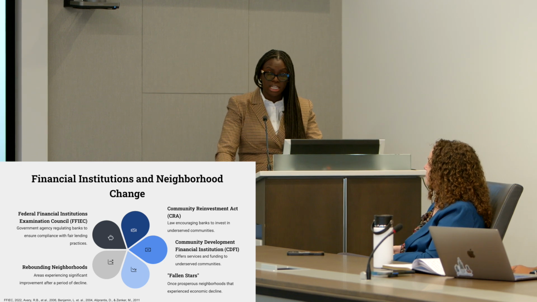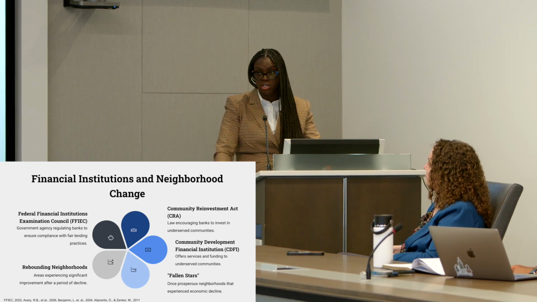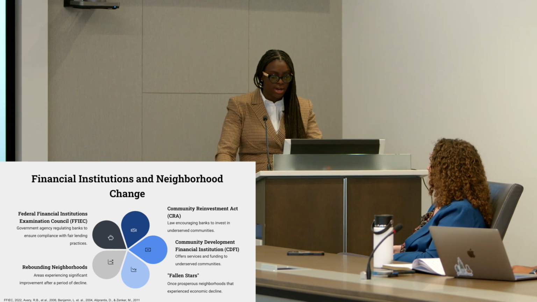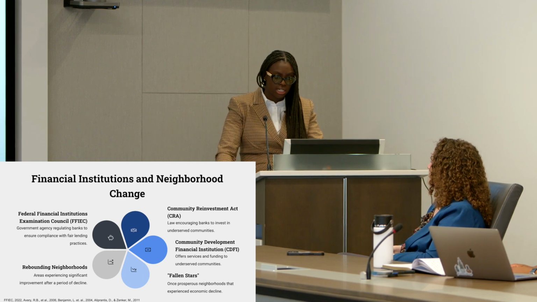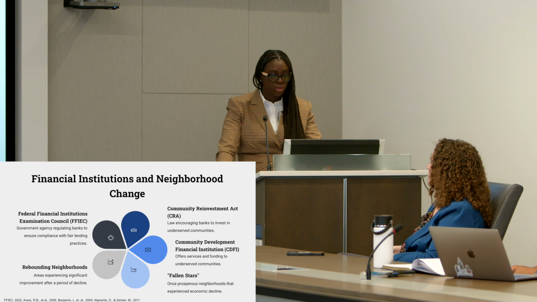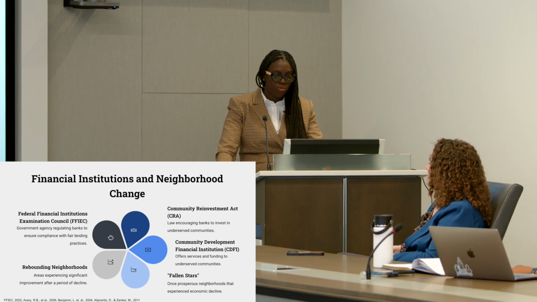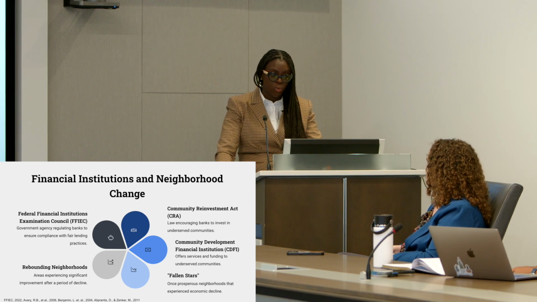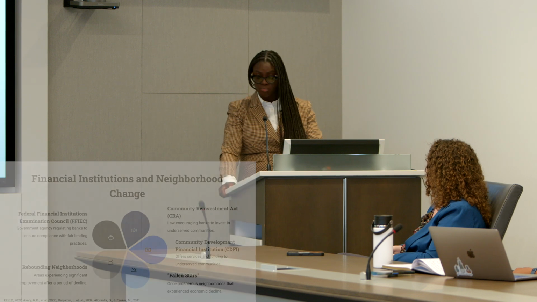Community Development Financial Institutions, to connect with the people here locally, like a list in Milwaukee, known as a CDFI, offers services and funding to underserved communities. Rebounding neighborhoods: areas experiencing significant improvement after a period of decline. And fallen stars, which is a favorite term of mine: once prosperous neighborhoods that experience economic decline.